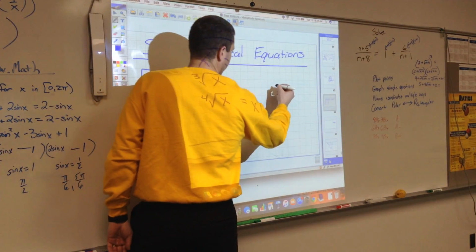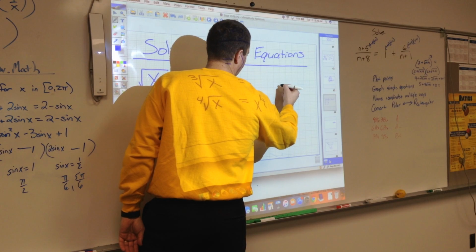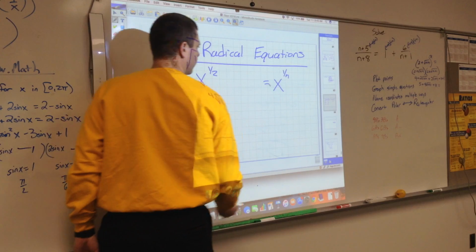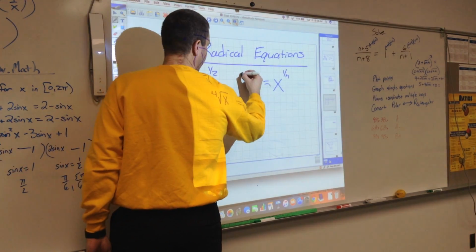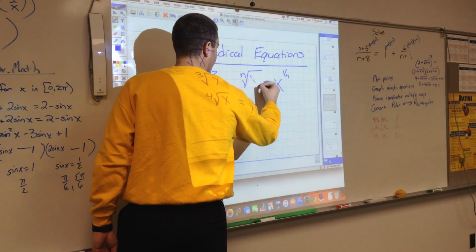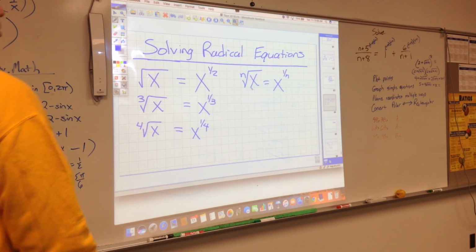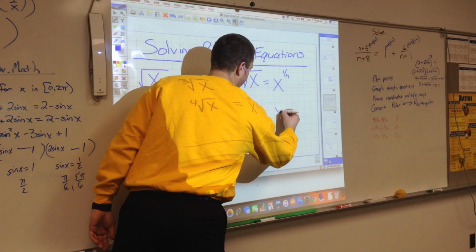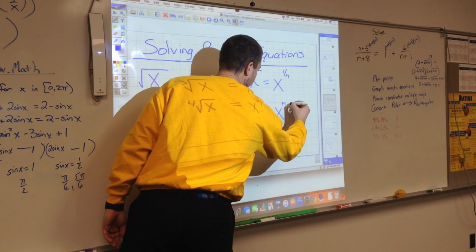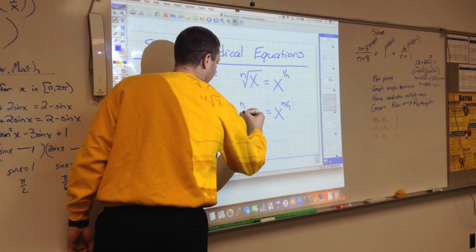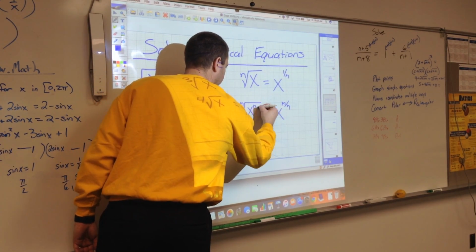So in general, if I have x to the 1/n power, that would be the nth root of x. Okay? Or if I had something other than a 1 up there, if I had x to the m/n power, that would be the nth root of x to the m.